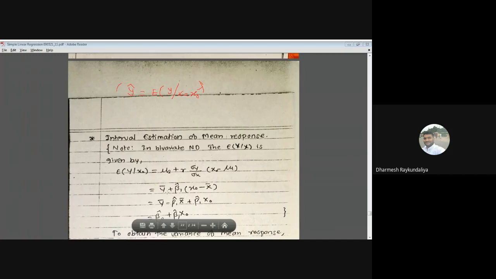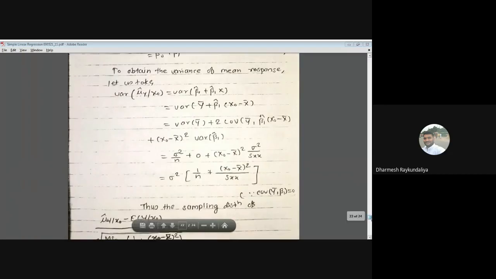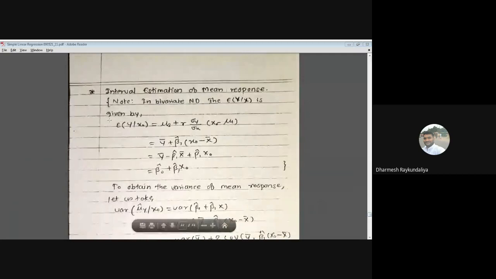Now this is y bar minus beta 1 cap x bar plus beta 1 cap x0. So it is nothing but beta 0 cap plus beta 1 cap x0. Here you write estimated, because we have subtracted the estimated value, and this is called the y cap.